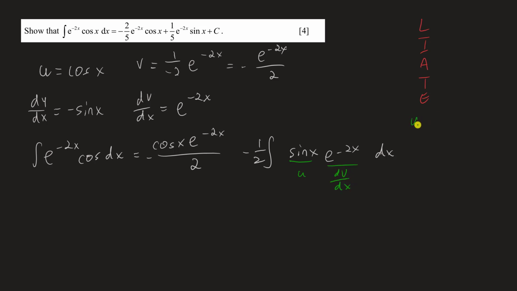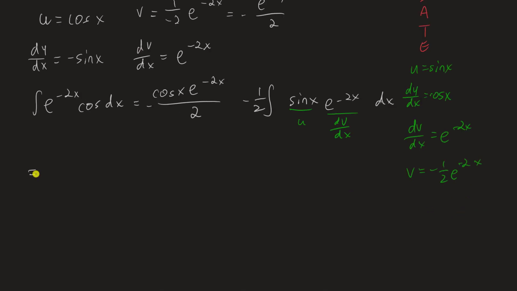This becomes cosine x is your u, dv dx is e to the power negative 2x. Your v will still be negative half e to the power negative 2x, just like before. This will give us, here, I'll just copy this. This will be negative half cos x e negative 2x minus half.